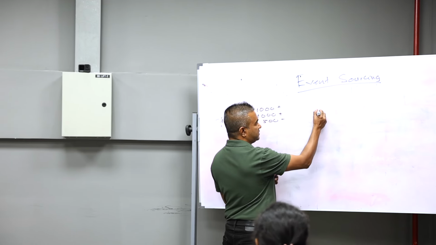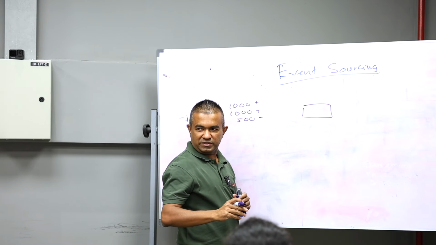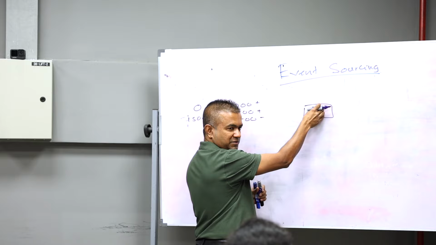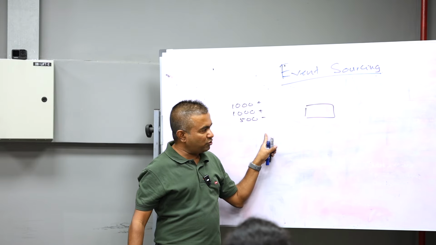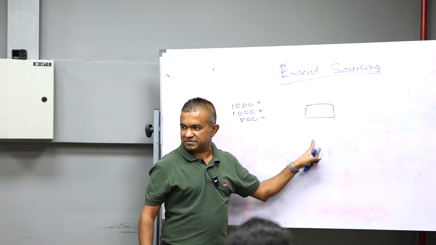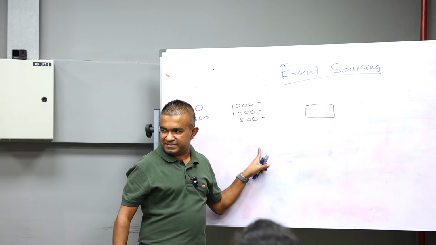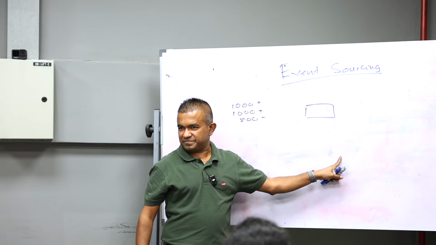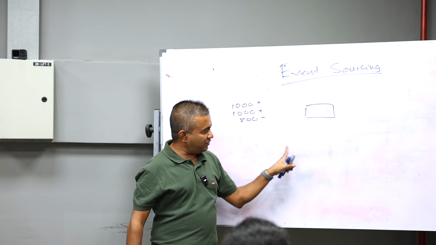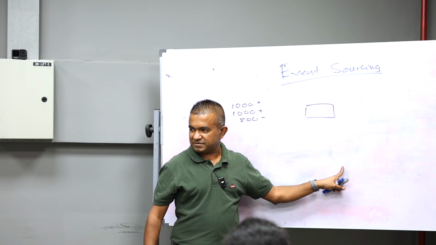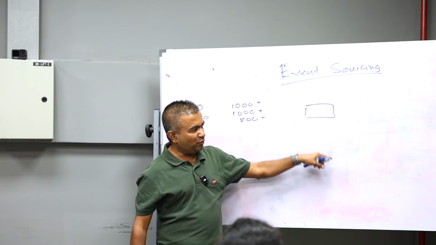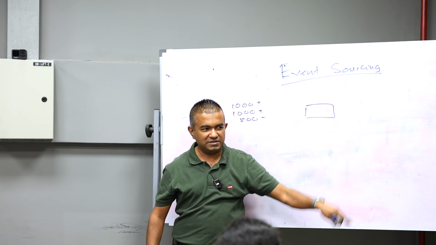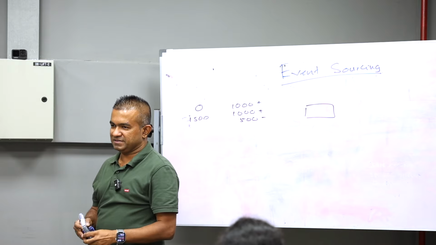You create a post and someone creates a comment. Instead of attaching the comment to the post, you store the comment itself as a separate event. Now, comment deleted, that is also another event, and someone else added a comment. Comment edited, everything is a separate event. So, when you want to show it, you just replay the events.